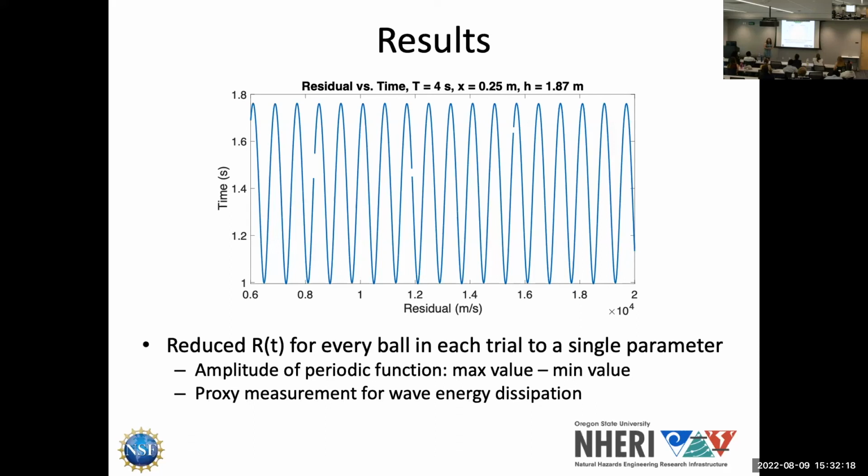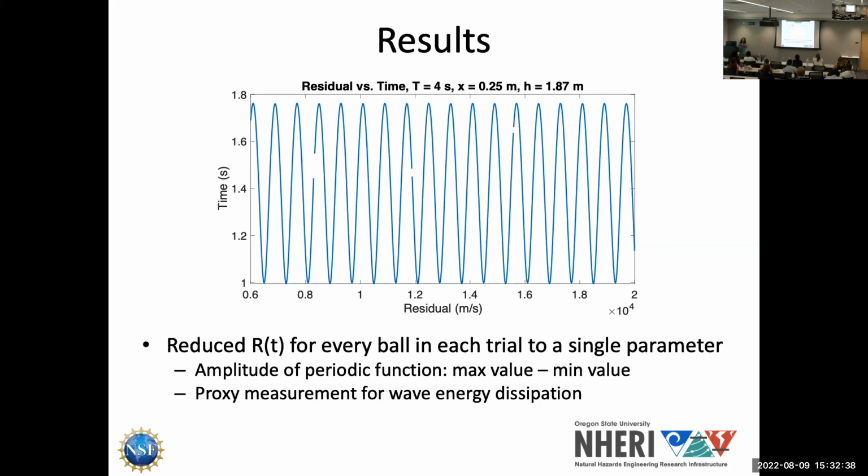I decided to condense the residual function for every ball in every trial to a single parameter so that I can analyze them across trials. The parameter I decided on is the amplitude of the residual function.